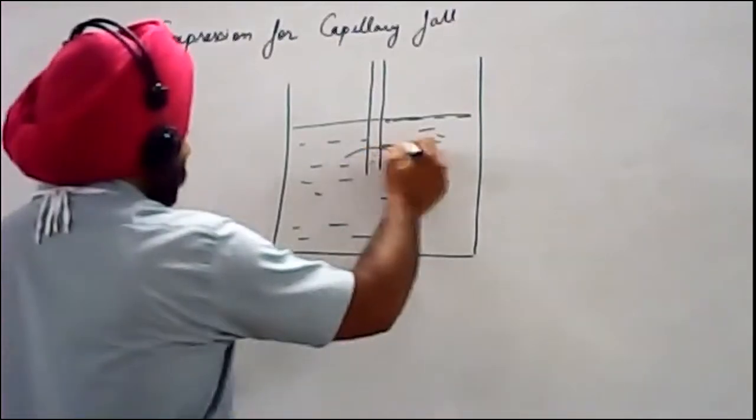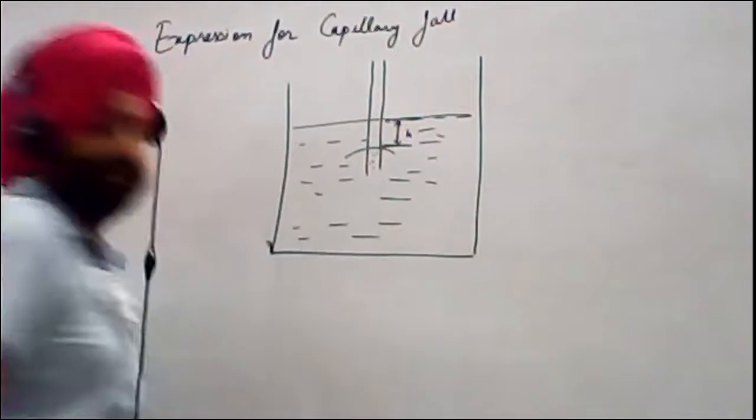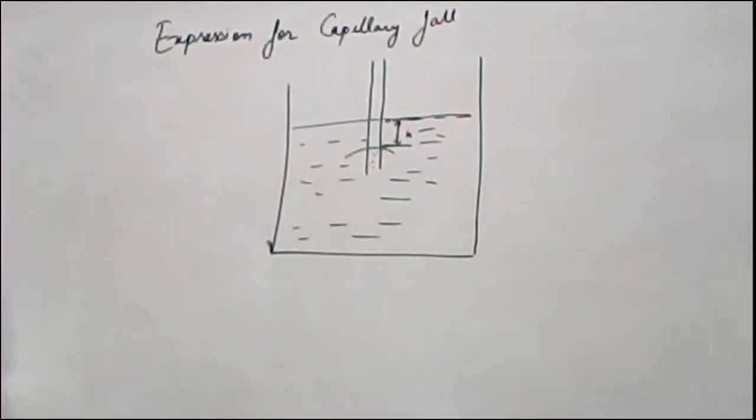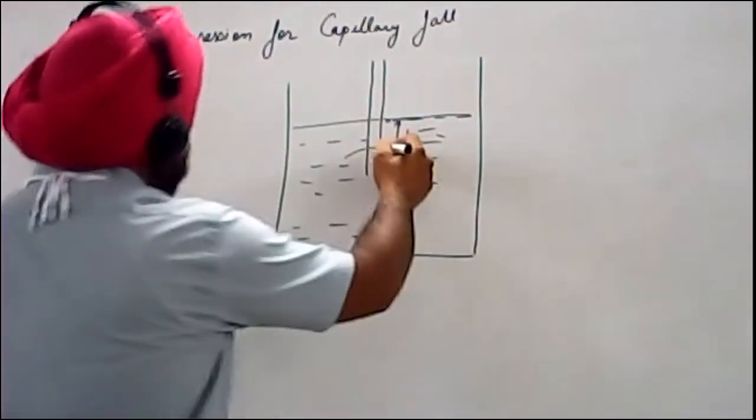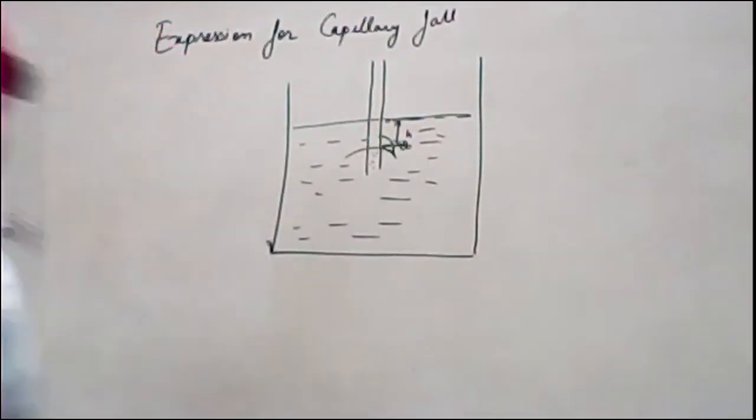This is the h by which it has dropped in this capillary tube, then this curvature is in this direction, and this is the theta angle. There are two types of forces acting when there is a fall of liquid level in the capillary tube.